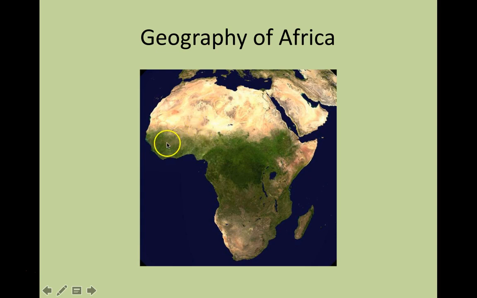The upper bend of the Niger runs right through the Sahel, and along the Niger there were a lot of really important settlements, even cities, that served as a basis for empires that existed in West Africa historically.